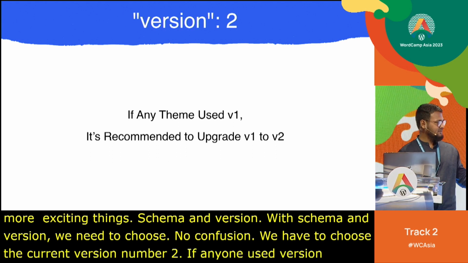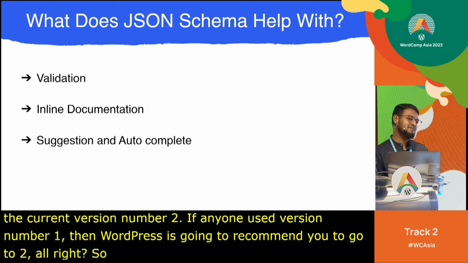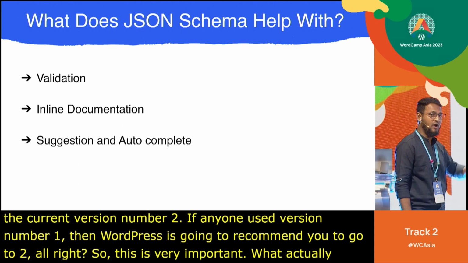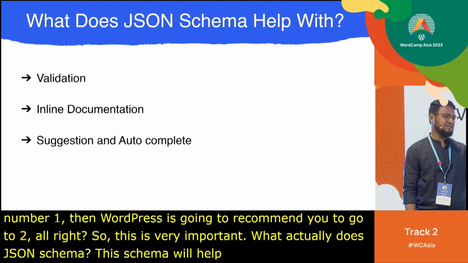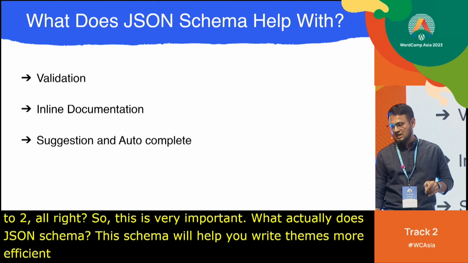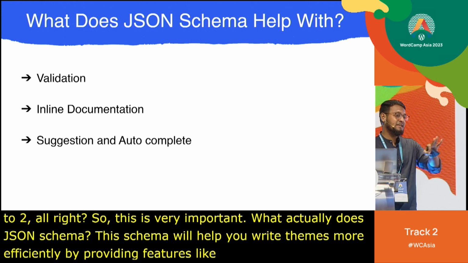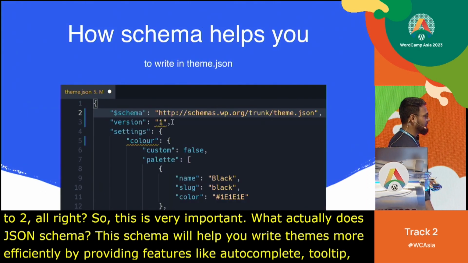So this is very important. What actually is JSON schema? This schema will help you to write theme JSON more efficiently by providing features like autocomplete, quick suggestion tooltips, and mainly validating data.